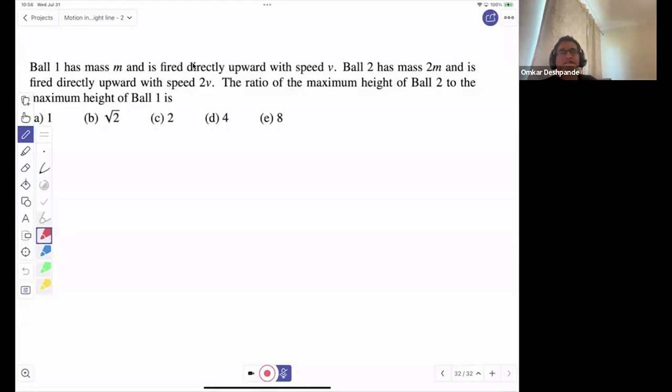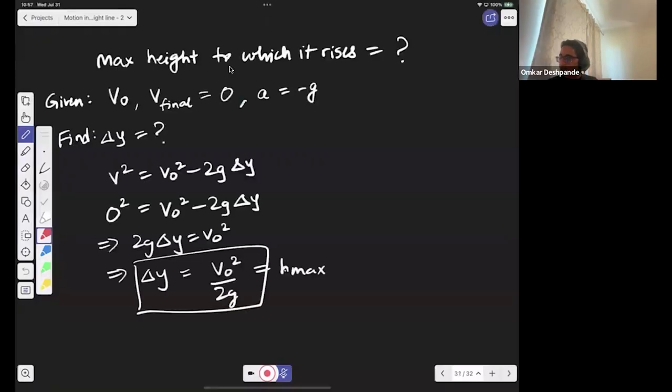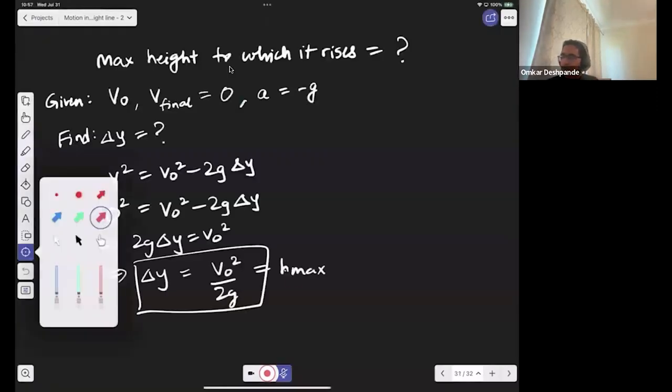What's the ratio of the maximum height of ball 2 to the maximum height of ball 1? Well, you can just use the result we have.